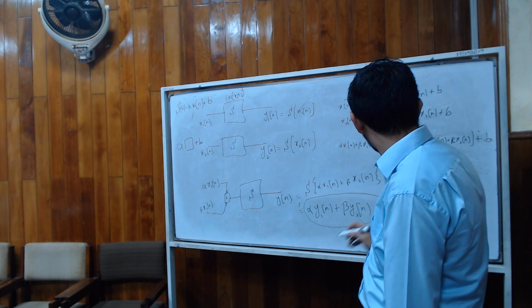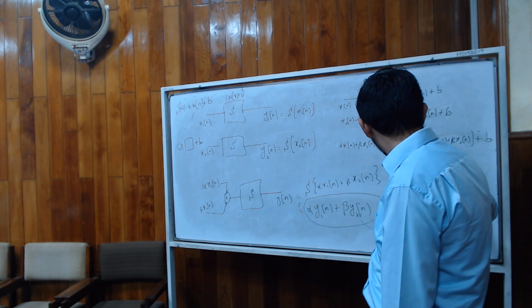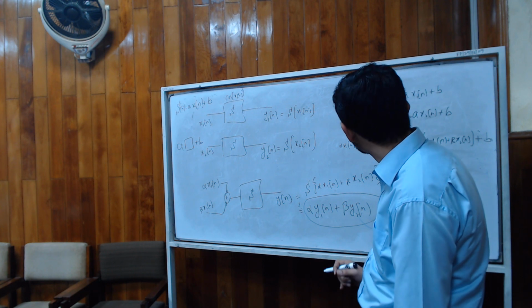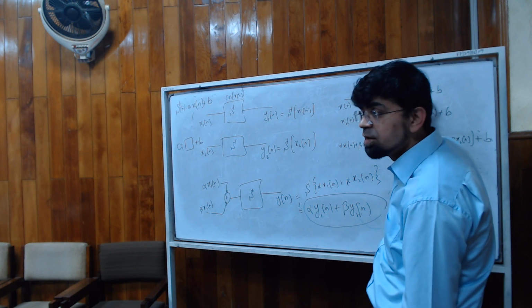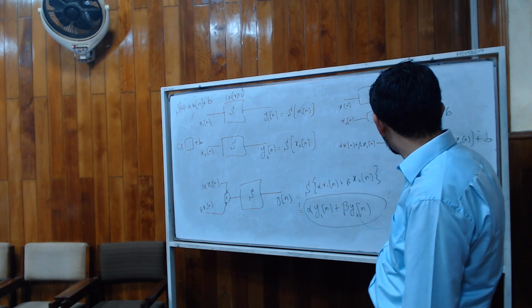Sir, not with b, sorry, it will not happen. You are right, it will not happen with b, because if you send in alpha x1n it will just be alpha x1n. Yeah, okay, fine.